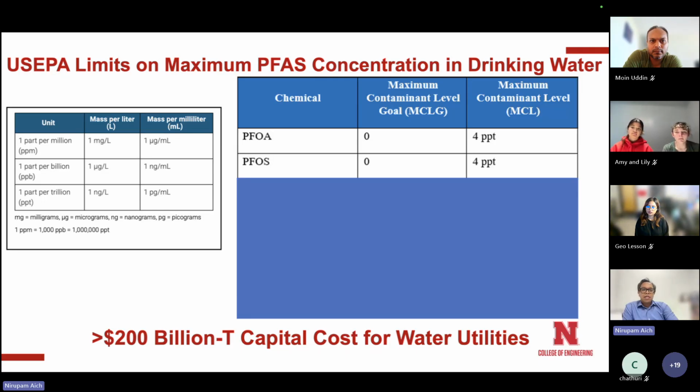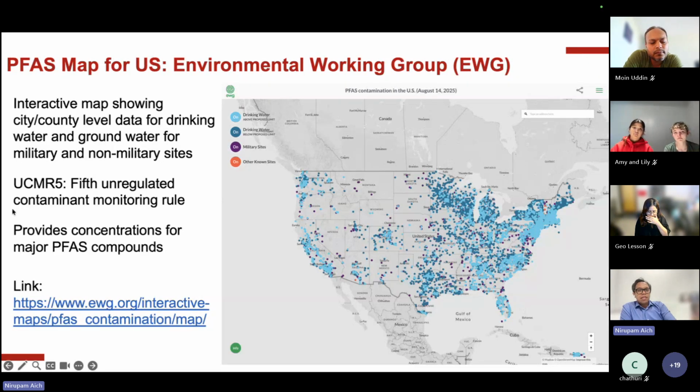Before I go to the drinking water treatment side, if you want to understand how prevalent PFAS is in the US, there are different maps for the US, for Europe, for Asia, but this one is really nice. You can look at this.